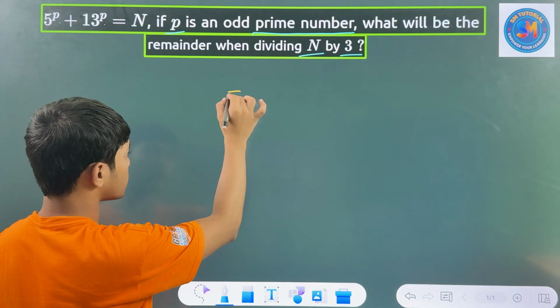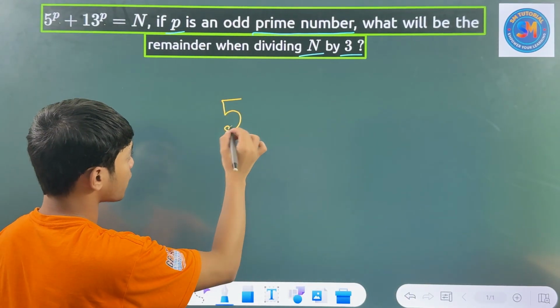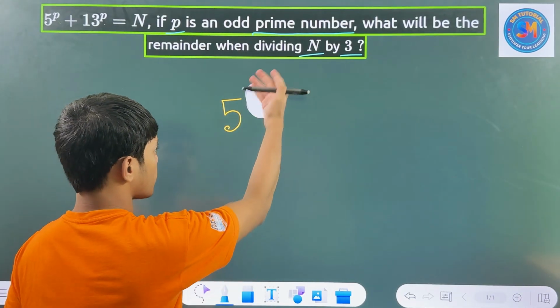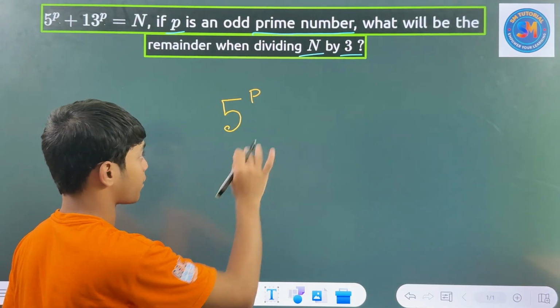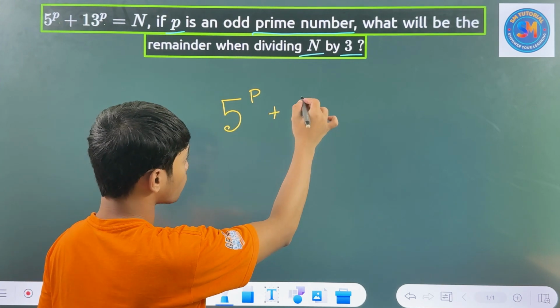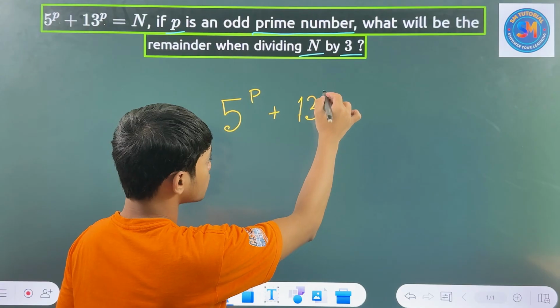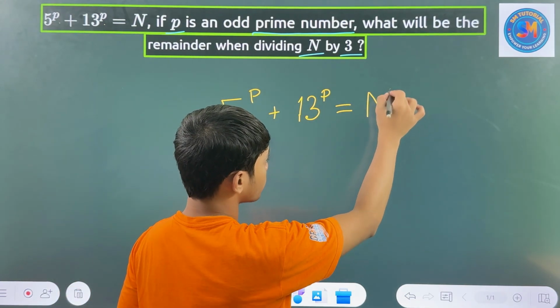So you know that first of all we write 5 to the power 3, or you can say in this way. First of all, I'm writing the equation actually: 5 to the power p plus 13 to the power p equals n.